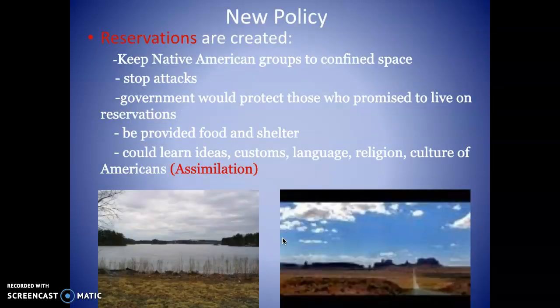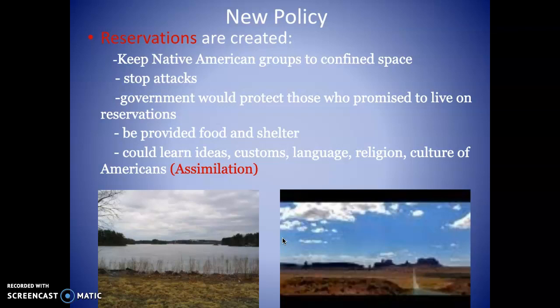With the new government, there was a new policy created, the idea of reservations. The idea of reservations was to keep Native American groups to a confined space to stop attacks.